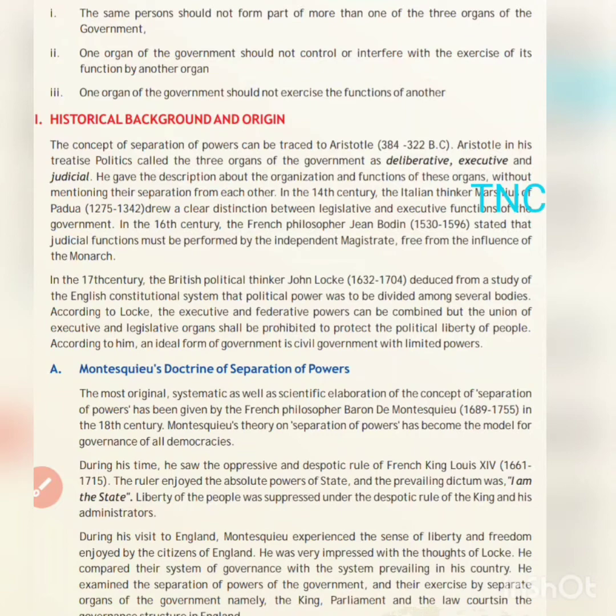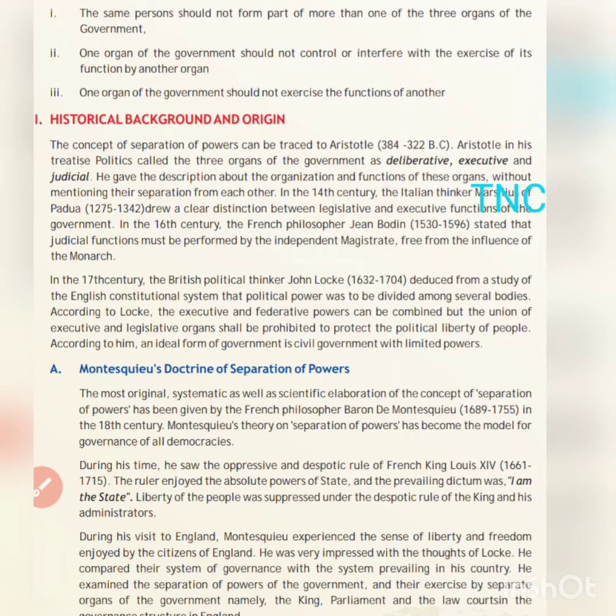To protect the liberty of the general public and to protect democracy in the nation, it is important that the executive and legislature should not combine. An ideal form of government is one in which the civil government, the government of the people, has limited powers. They must not have absolute power like a monarch or an autocracy, but limited power should be provided to them, and that power should be distributed among various bodies.